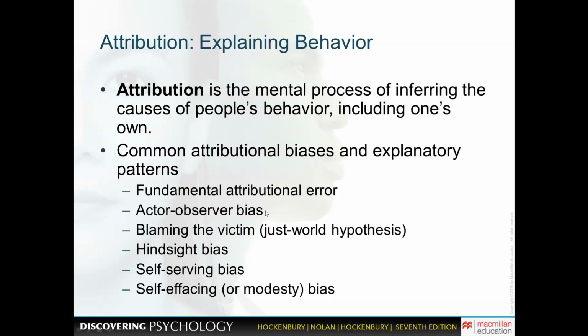What I mean by that in easier language is, when we attribute our own behavior, we might say, hey, that's just the way I am. I tend to be a successful, motivated person. Well, that is actor-observer bias.